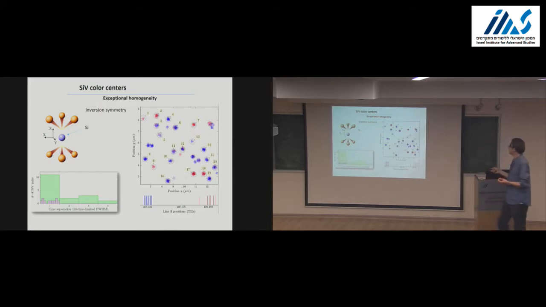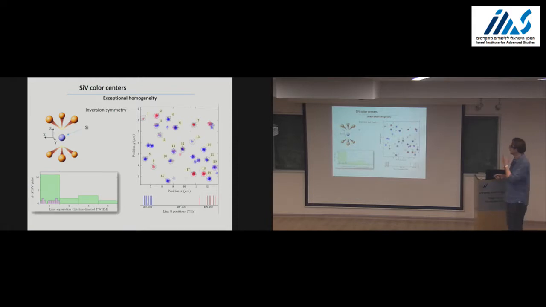So the dots that have the same color essentially overlap in the emission spectrum within the line width. The photons emitted by these different atoms, carrying the same color in this picture, are indistinguishable. They overlap within about 100 megahertz for this particular color center. It's a homogeneous line width.